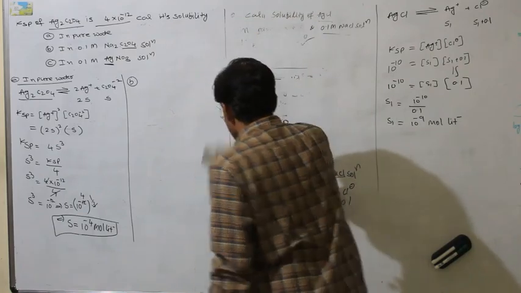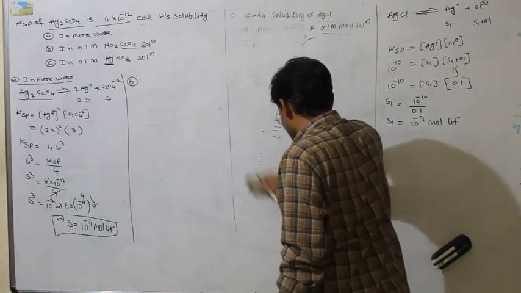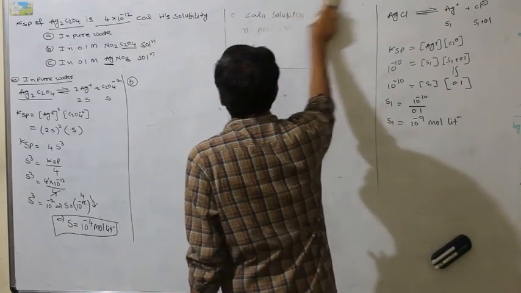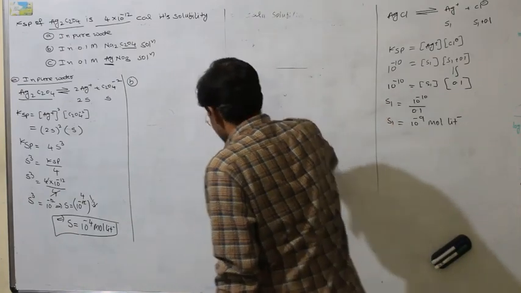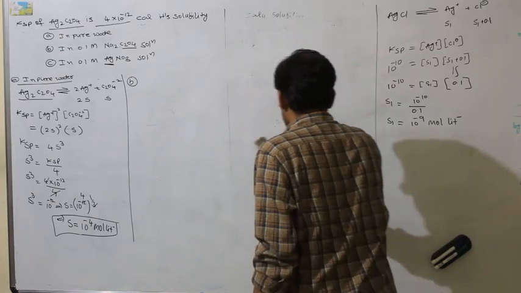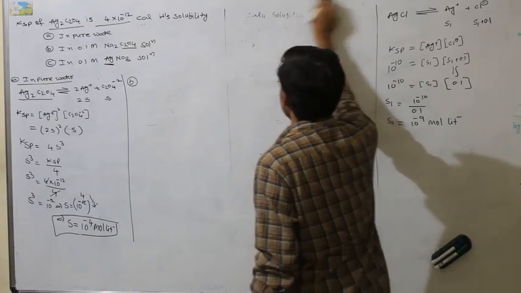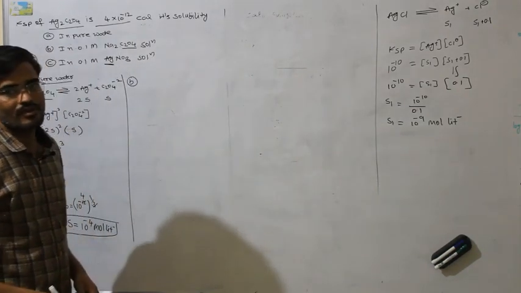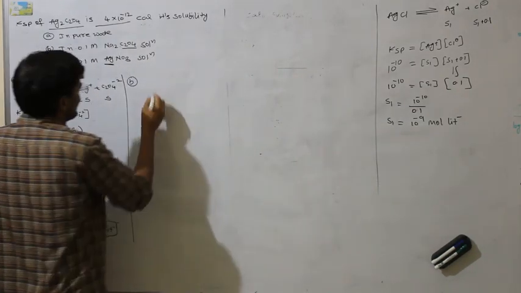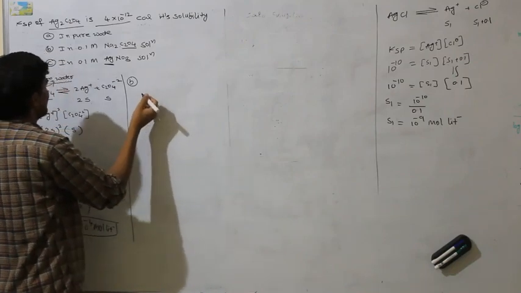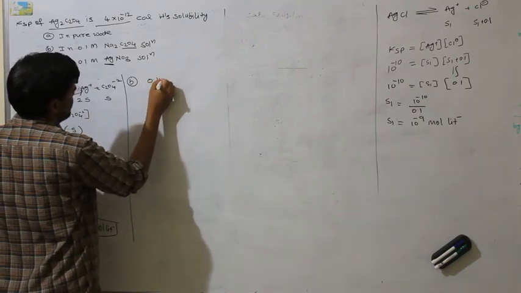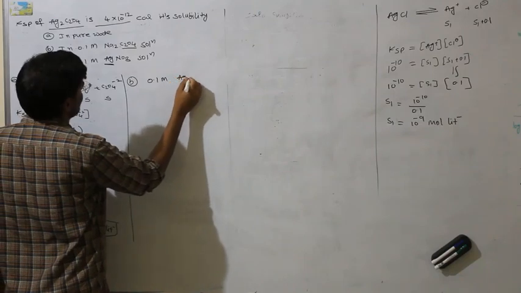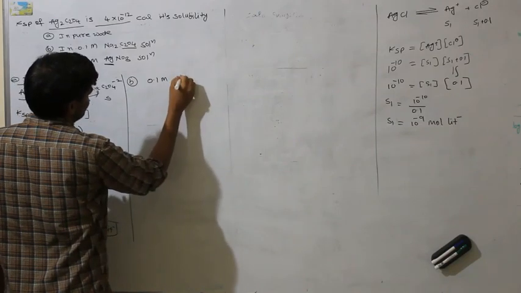For the silver oxalate solution, from the sodium oxalate, the oxalate ion will behave as a common ion. If oxalate is the common ion, we should go with the approximation method we used in the last example. So now here, 0.1 molar sodium oxalate.